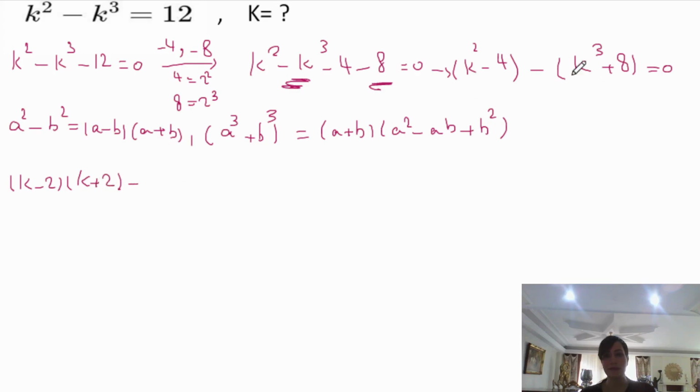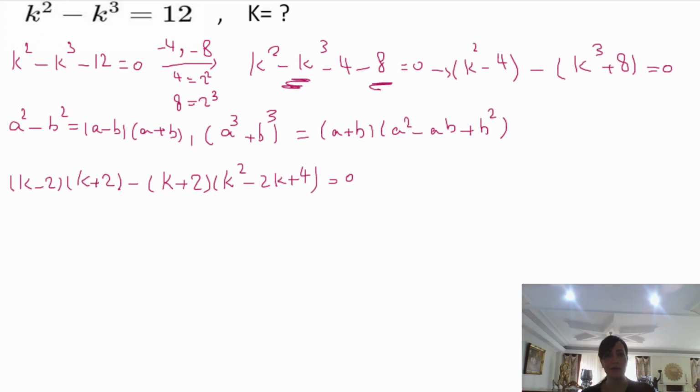For the second parenthesis, I apply the sum of cubes and write it as k plus 2 times k squared minus 2k plus 4 equals 0.